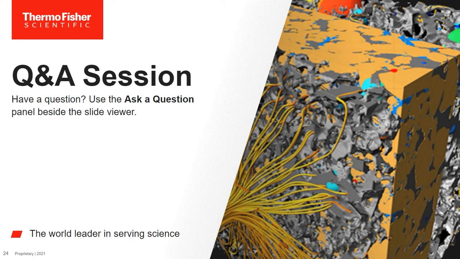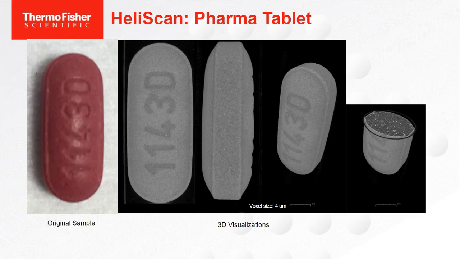Mark, do you have any images of that? Let me see. I have 1,001 images, so let me see if I can pull one out here. That looks perfect. This is a pharma tablet, obviously. Scanned on the left is the original tablet.